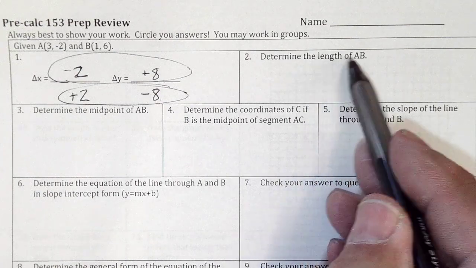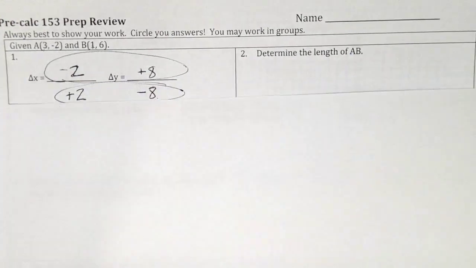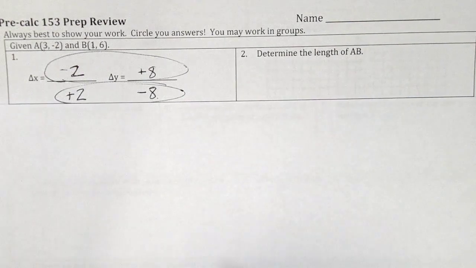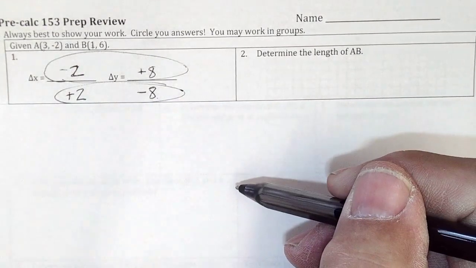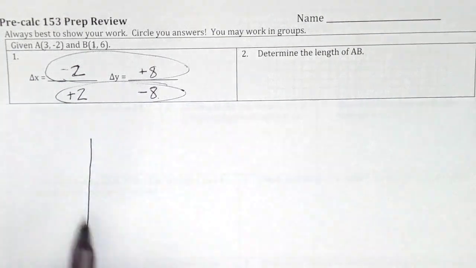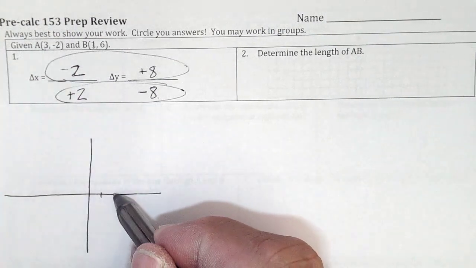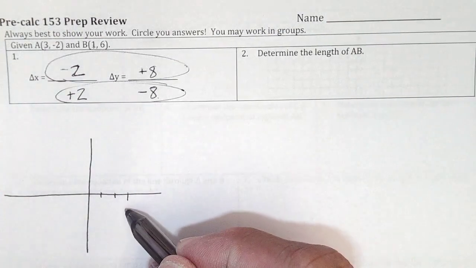Now I said, determine the length of from A to B. Now several will probably scratch their head and say, I know there's some formula, but I forgot it. Let's draw a picture. A is at 1, 2, 3, -2.